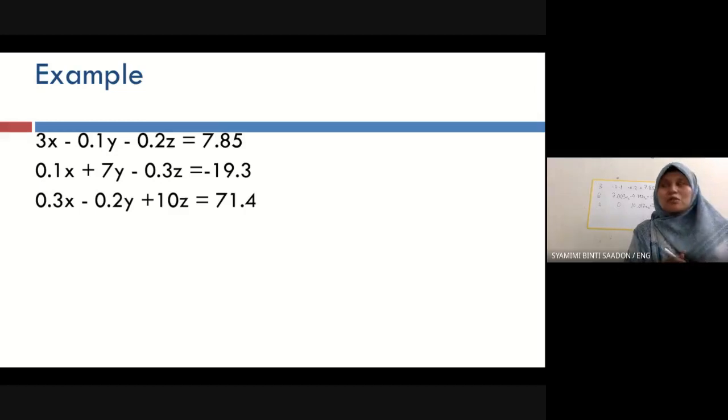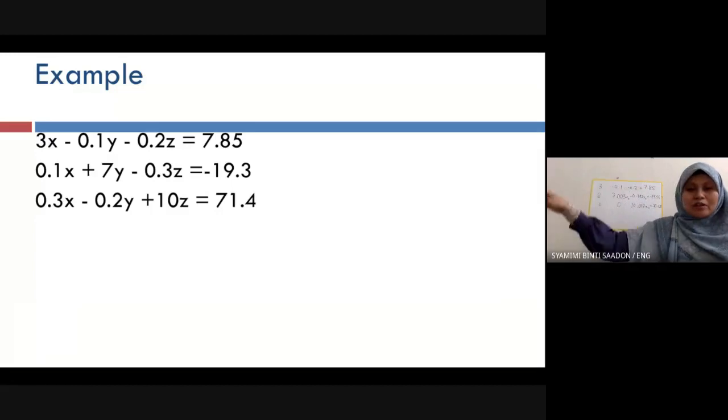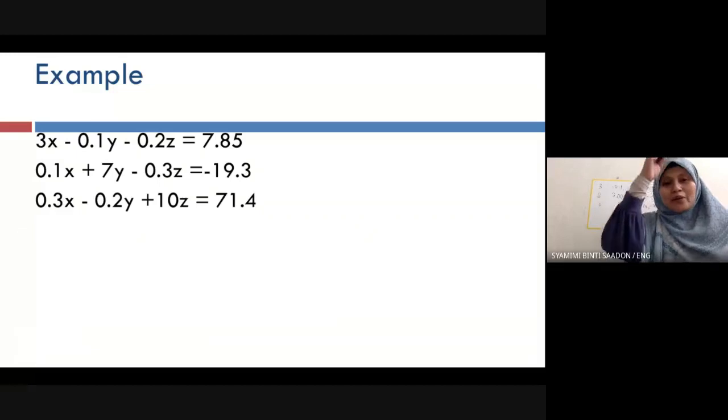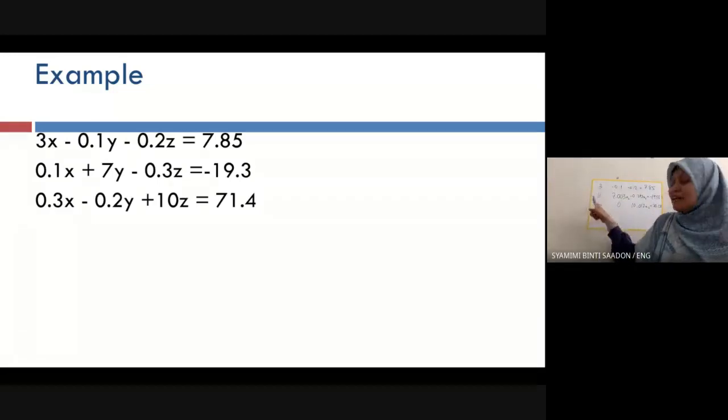At least write 3 to 4 digits after the decimal, for example 70.0843. So this is the matrix that you will get when you eliminate these.